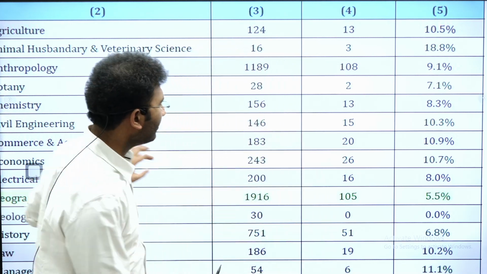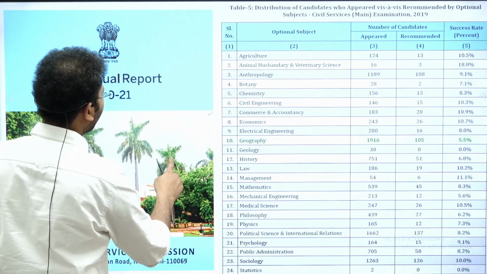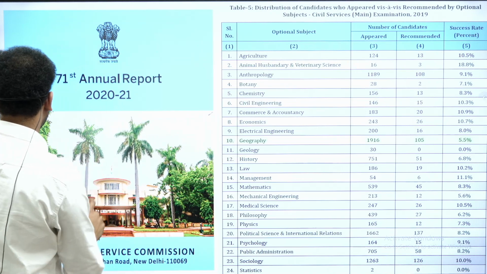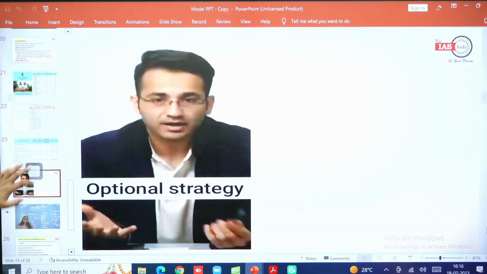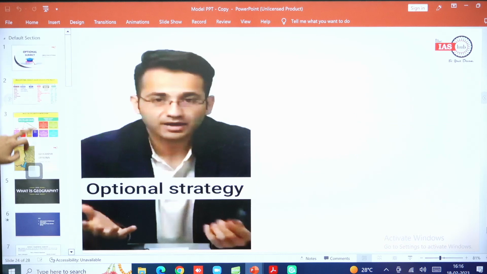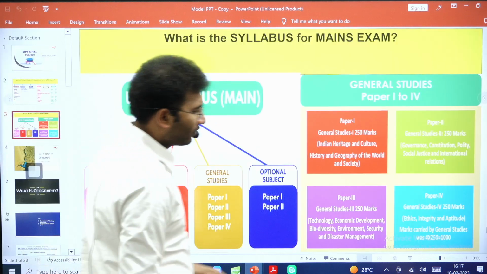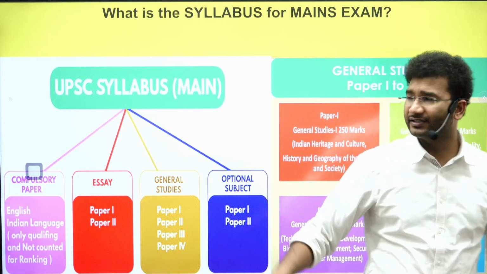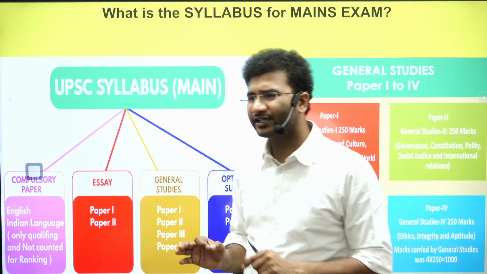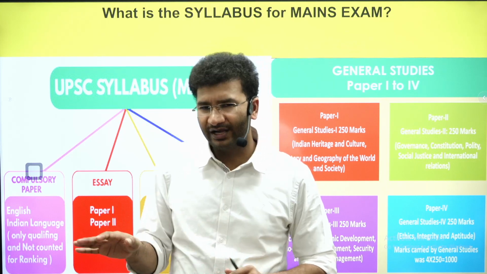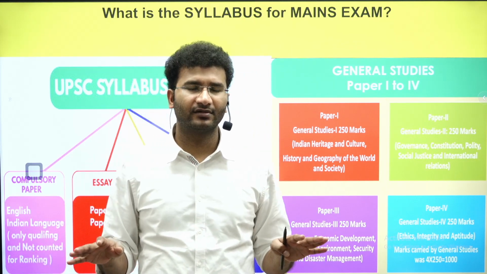Right? Now, if you think of going to another optional subject, such as an optional subject which is not part of any of this general studies syllabus, not part of GS 1, 2, 3, 4, what you generally do is you have an advantage and you have a disadvantage.